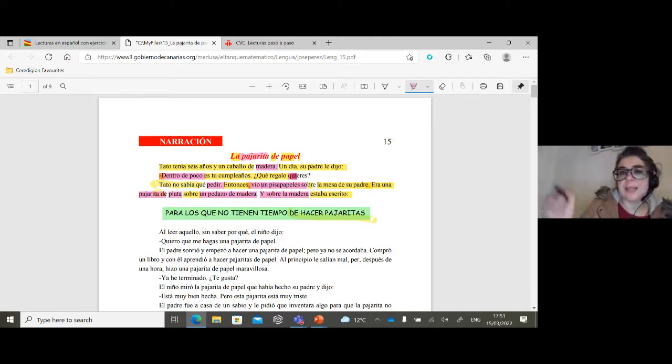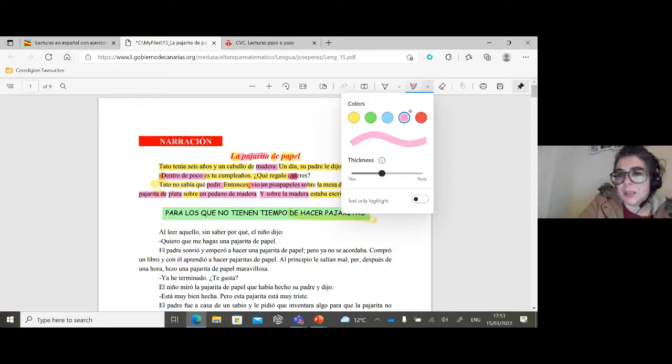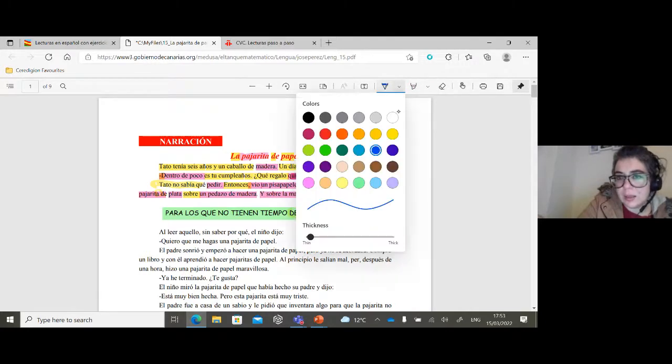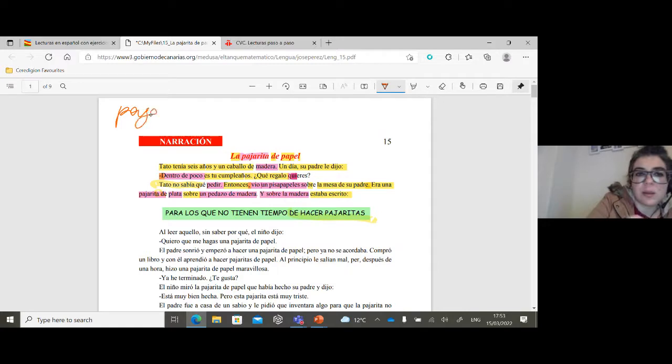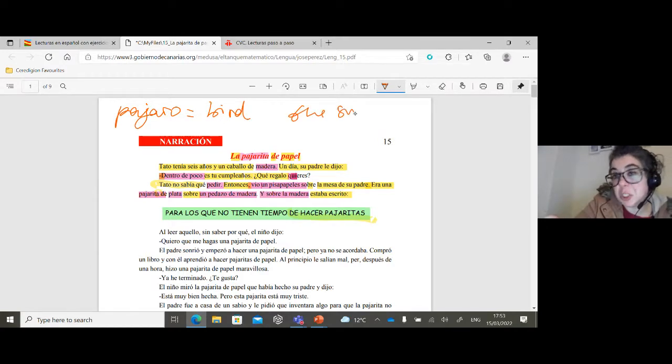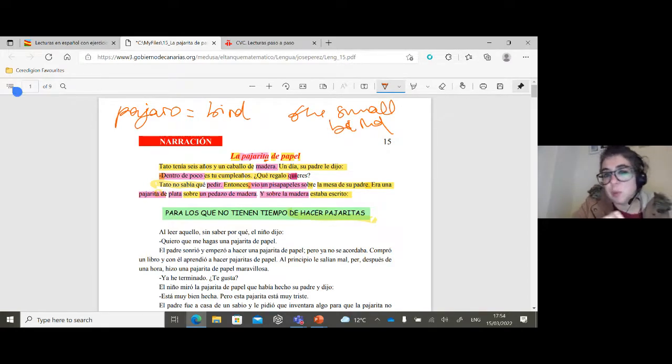What about pajarita? So it's feminine, and the pájaro is a bird. La pajarita is the small bird. And it's a feminine, small female bird.